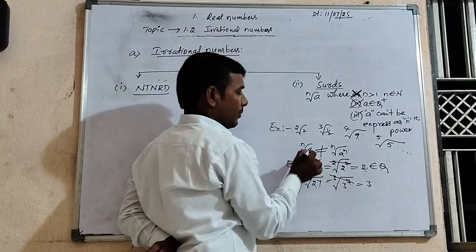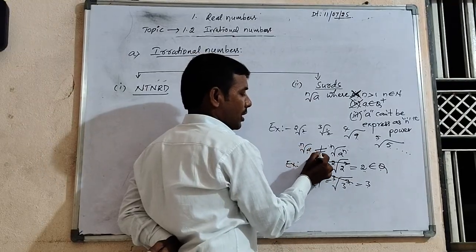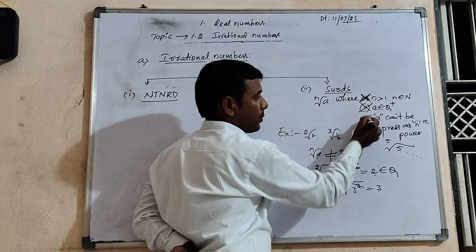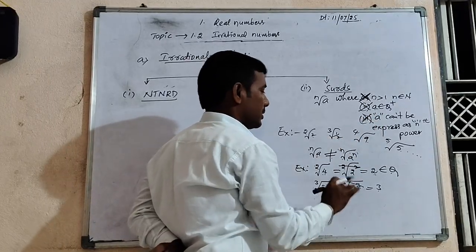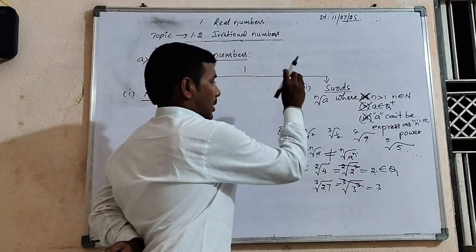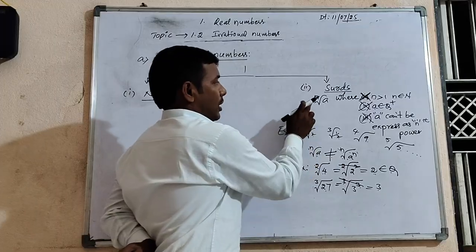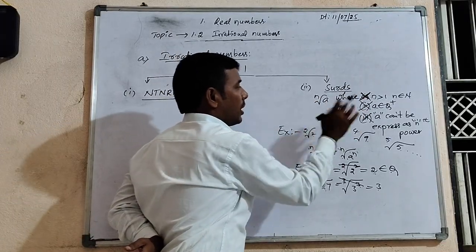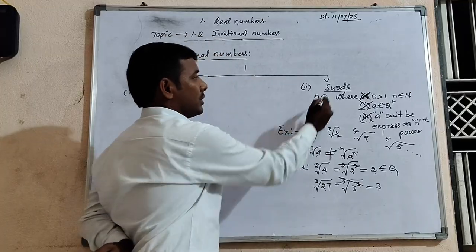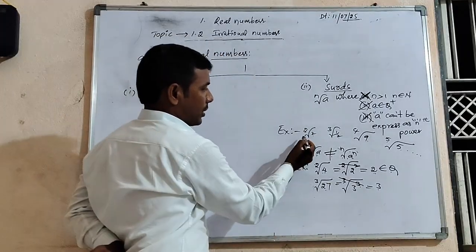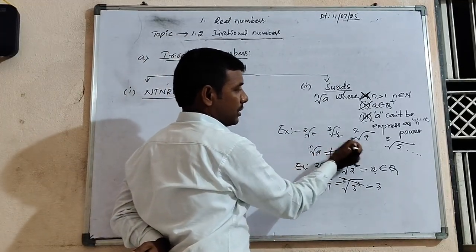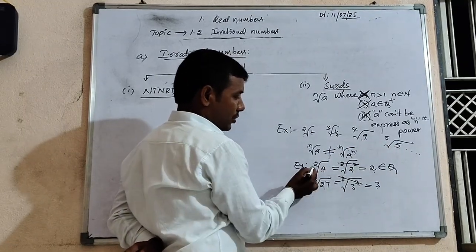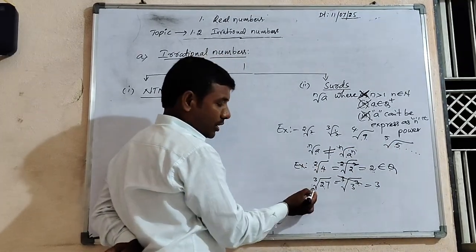So for that reason, the nth root of a cannot be expressed in that form. That is the third point. Carefully observe. The numbers expressed as the nth root of a based on these 3 conditions are known as surds. Now I wrote this is a surd, this is a surd, this is also a surd, this is also a surd. This is not a surd. This is also not a surd.